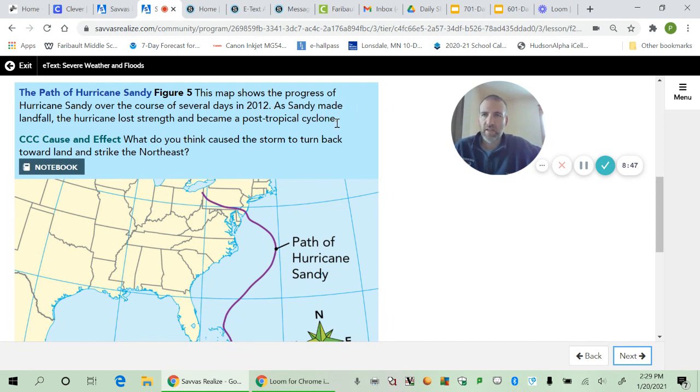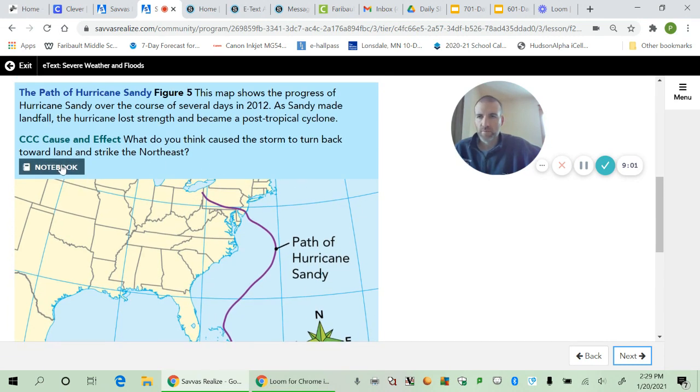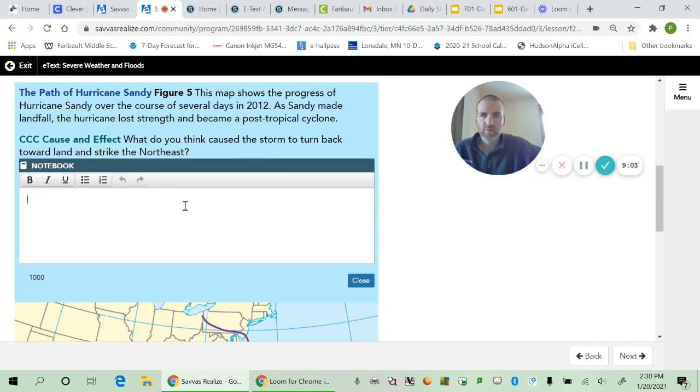As Sandy made landfall, the hurricane lost strength and became a post-tropical cyclone. What do you think caused the storm to turn back toward land and strike the northeast? And so you've got the notebook space here to answer that question.